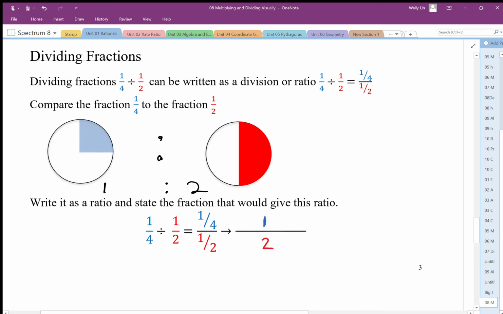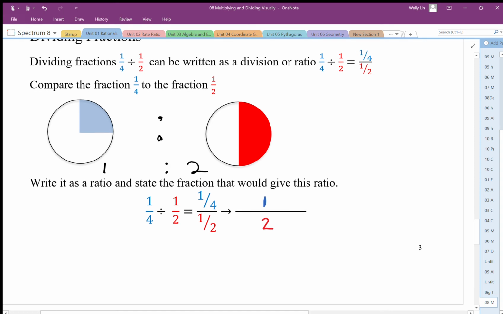And we have a strategy of multiplying by the reciprocal, and this should confirm it. This is visually true, so it must be mathematically true. This also justifies how 1/4 divided by 1/2 can be translated into 1/4 times.